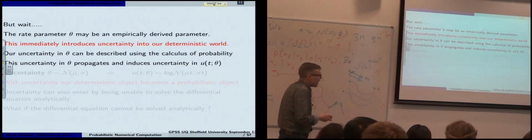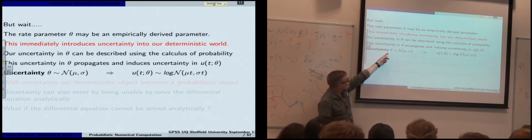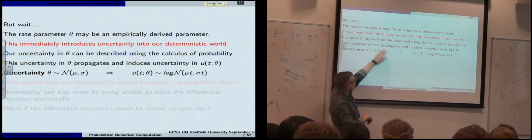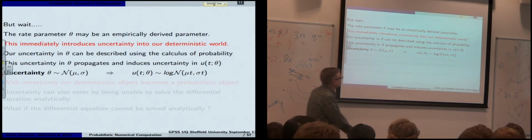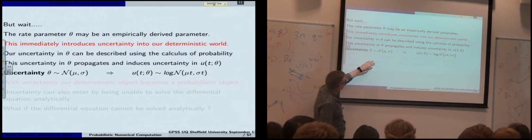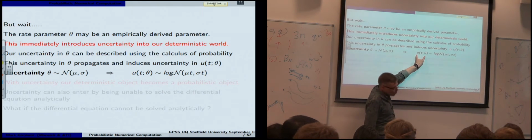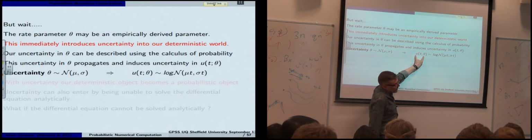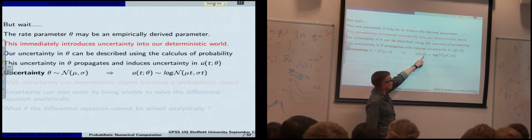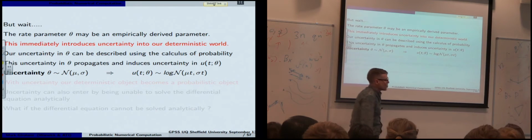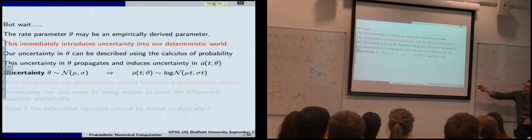And so if my cheap and cheerful measuring device actually has errors such that the precision is, say, 1 over sigma, and the errors are normally distributed, then, just by pushing this probability distribution through the exponential, it tells us that the distribution that characterizes our uncertainty in our function u, caused by our uncertainty in theta, is now going to be log normally distributed with a location and scale parameters which are defined here.